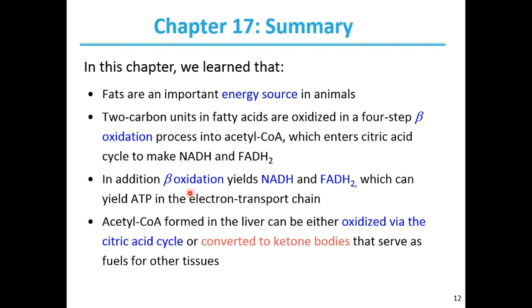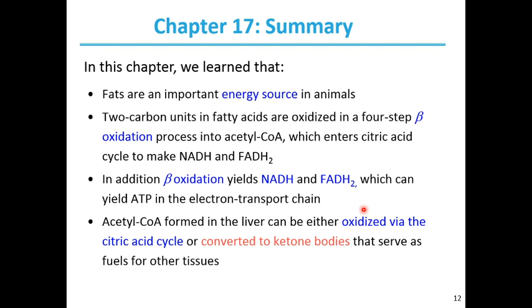In addition, beta oxidation yields NADH and FADH2 as well. And we all know that NADH and FADH2 can enter the electron transport chain to yield ATP.